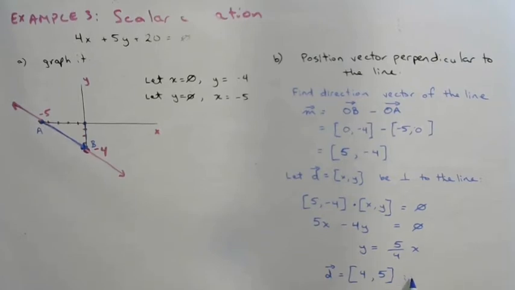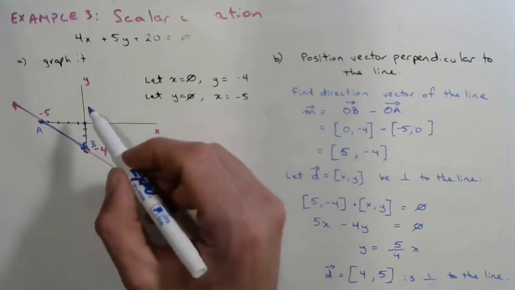This vector is perpendicular to the line. And again, there are an infinite number of vectors that are perpendicular to the line.